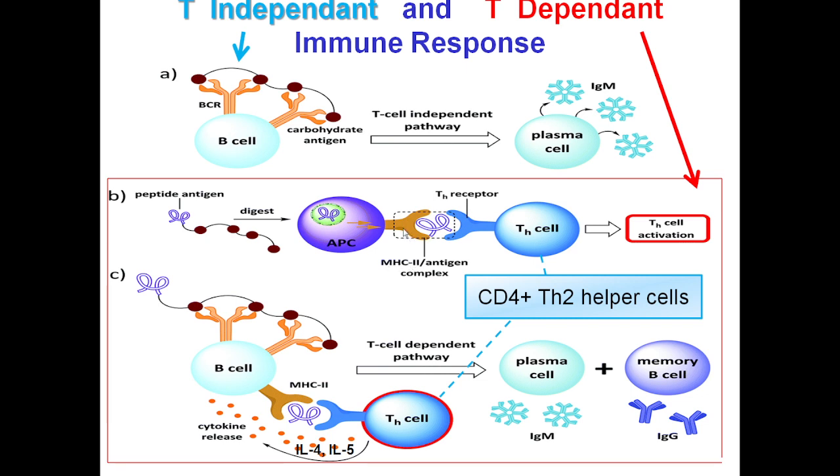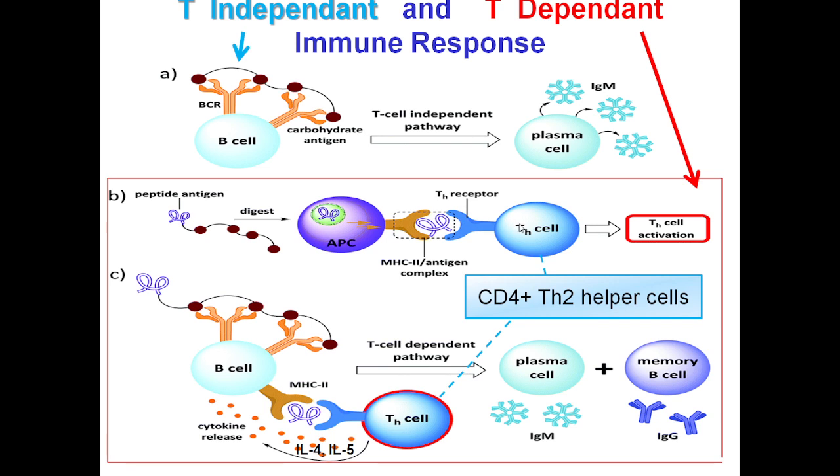The antigen peptide-MHC2 molecule is displayed for the T helper cell. The T helper cell recognizes this antigen peptide by the T cell receptor, or this blue arm of the T cell receptor.